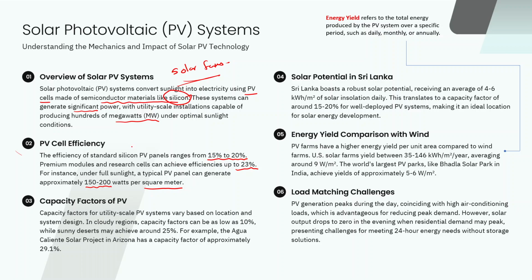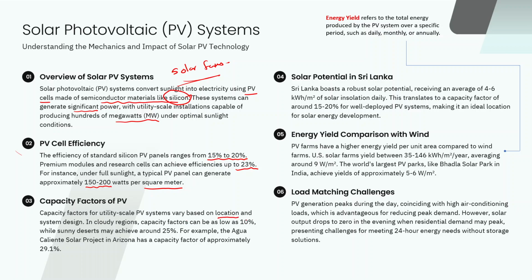Okay, so as I said earlier, we are not going to look at the technology specific stuff, but more focus on the performances, not the other stuff here. Okay. So if you look at the capacity factor of the PV, it varies based on the location, right?